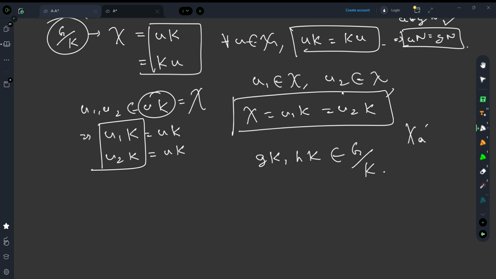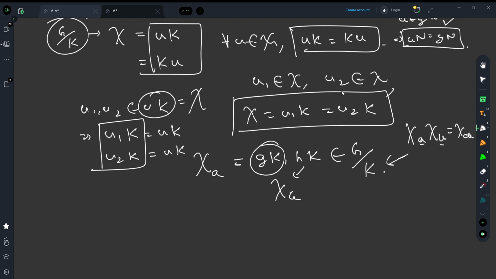We have defined that chi_A chi_B is equal to chi_AB, right? Where chi_A is the fiber over A, chi_B is the fiber over B, and chi_AB is the fiber over AB. You can relate this to here, that gK actually represents the fiber over an element. So you can call it some chi_A, you can call it some chi_B. g is an element of chi_A, so g maps to A.